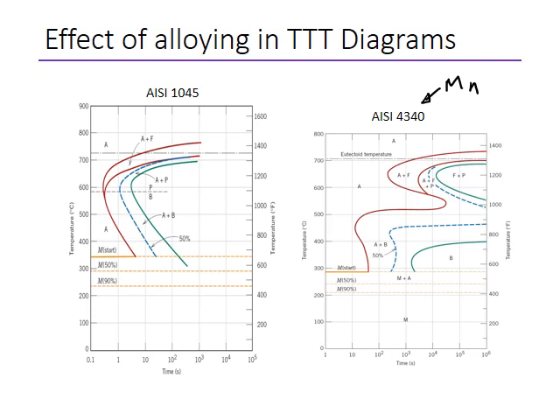So you can see that the starting of the transformation at 650 without alloying was a few seconds, less than 1 second.